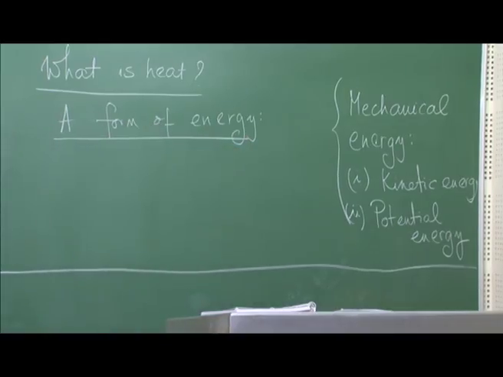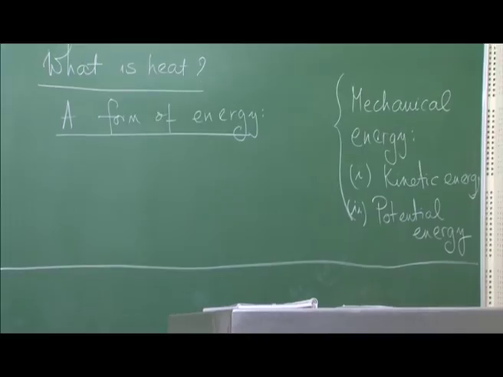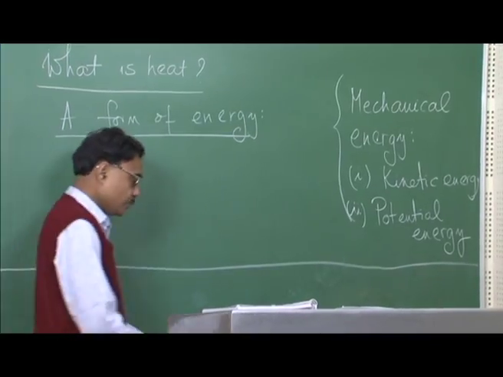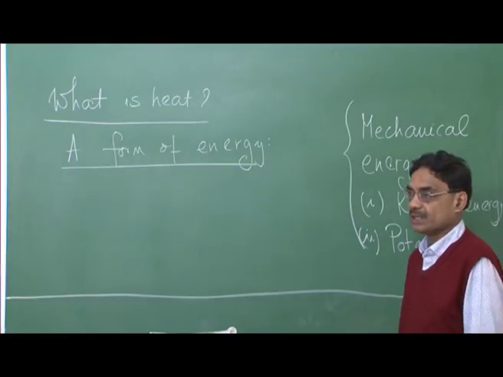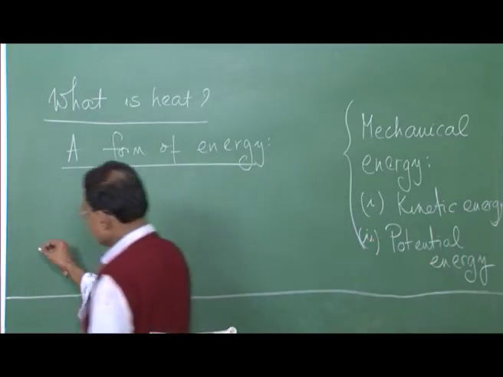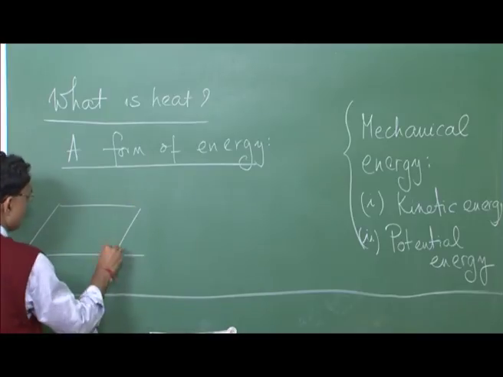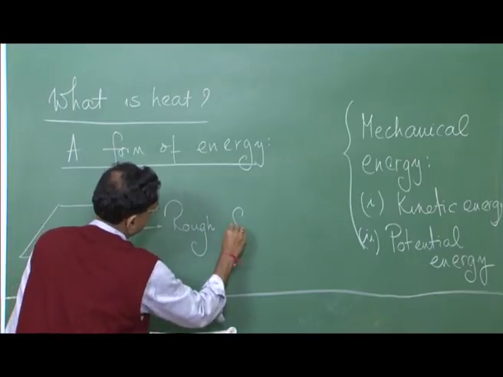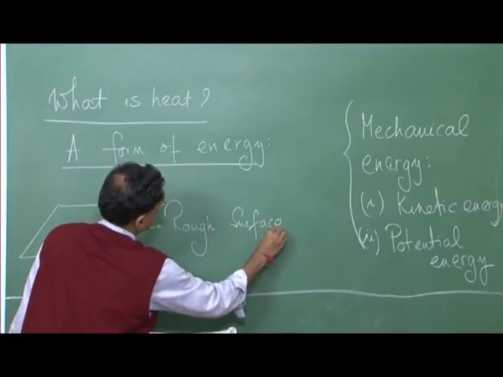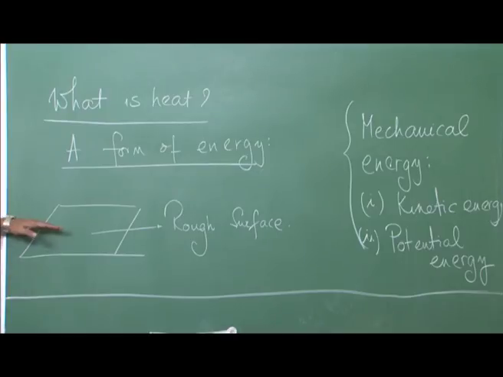Well, how do I know it is a form of energy? We know that anything which is related to energy can be obtained from other forms of energy. For example, if I have a rough surface with friction, and I push an object on this surface, then I know I generate heat.